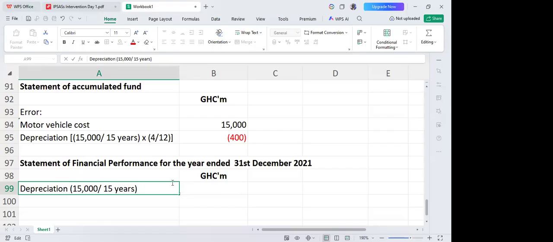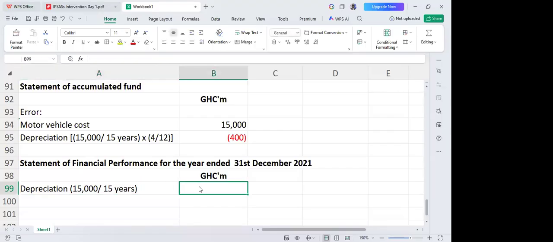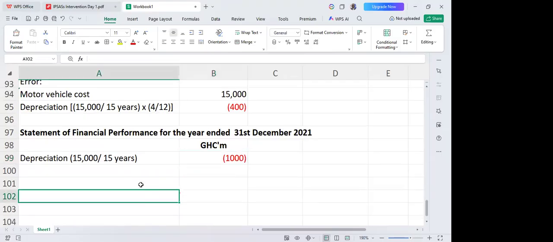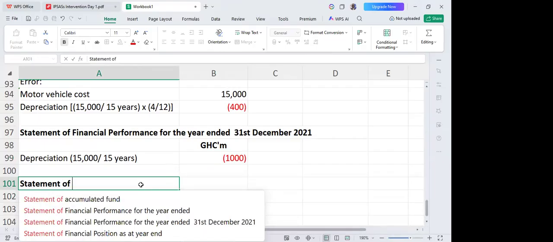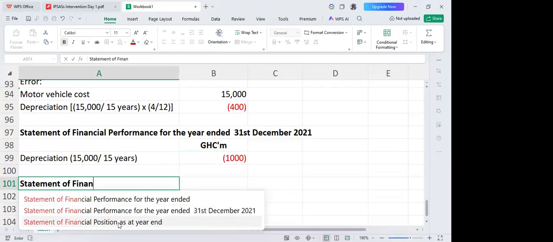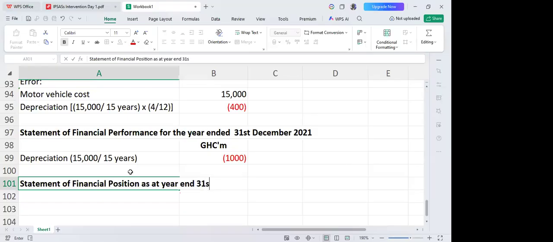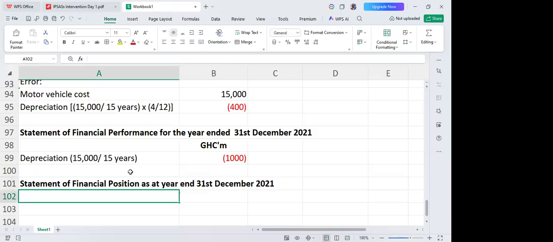So we need to bring 1 year depreciation for it. That will be 15,000 divided by 15. That will give us 1,000. This is an expense, so we show it as negative. Then we come to the statement of financial position, 31st December 2021.